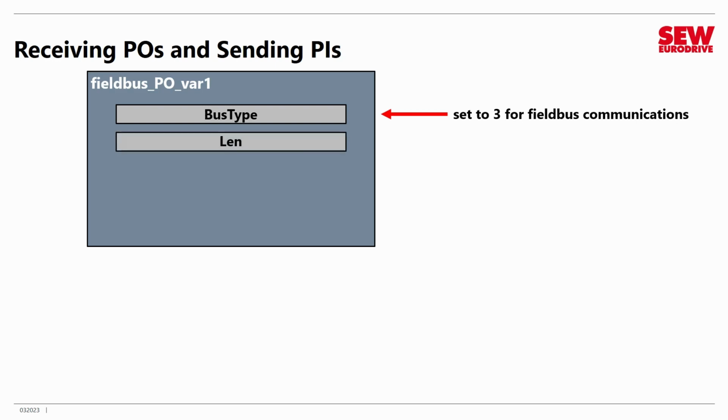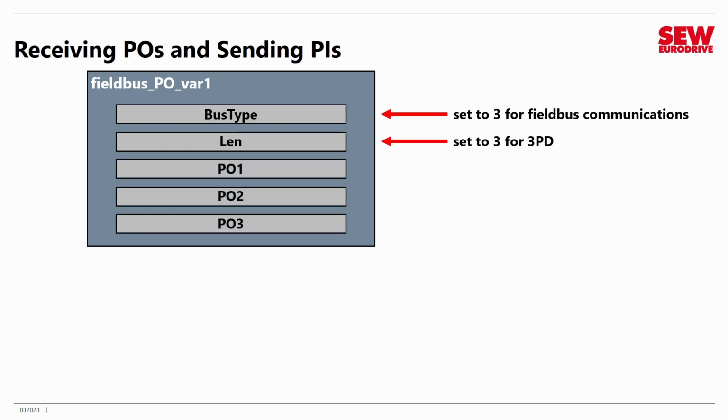You then have to set a length variable, and you set it to 3, and what that means is do 3 PD communications. And then the remaining 3 variables are the POs, PO1, PO2, PO3. So the information from the Fieldbus that the PLC has sent will be contained in here. So you extract these 3 variables, and those are your 3 POs.